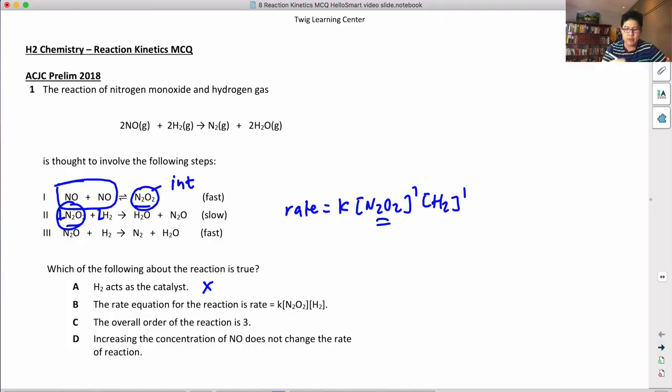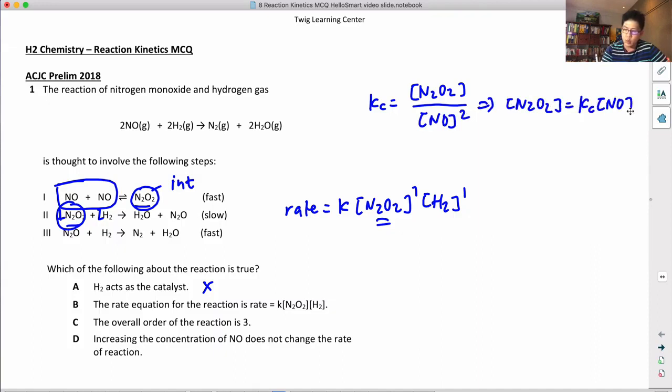I'm just going to show you the proof. If you look at step 1, Kc equals the concentration of N2O2 over [NO]^2. So the concentration of N2O2 is actually Kc[NO]^2.